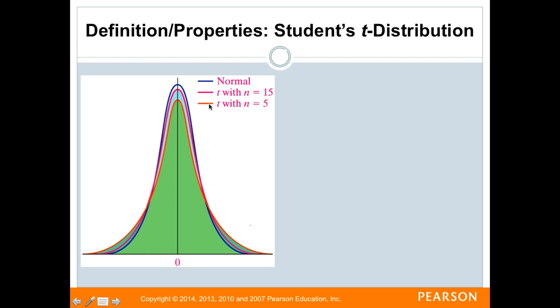And the orange, which is for n equals 5, so these are your sample sizes, looks very similar as well, except it has a little bit higher tails. As you have a larger and larger sample size, it gets closer and closer to the blue. If we looked at n equals 50 or n equals 100, it would be even closer to the standard normal.